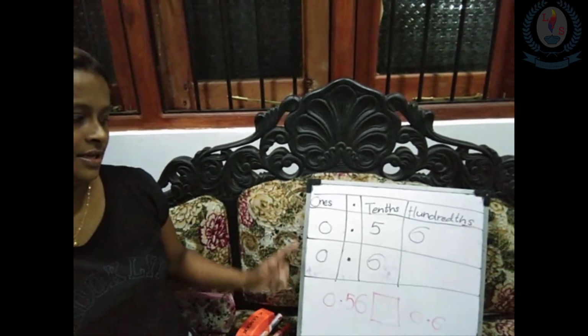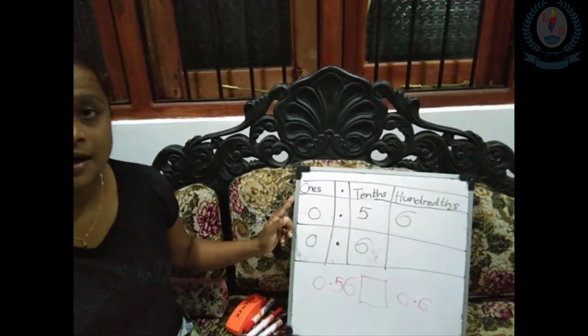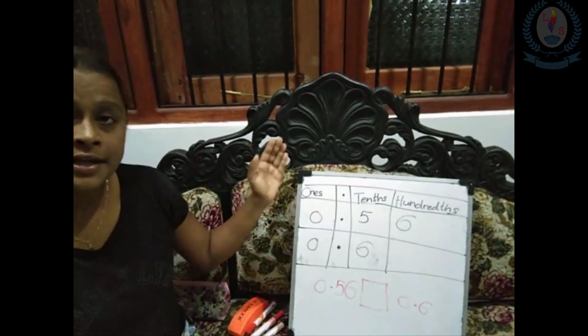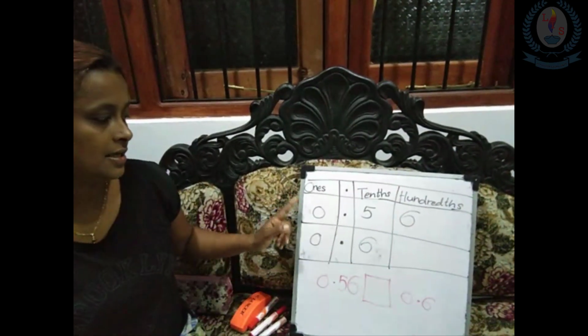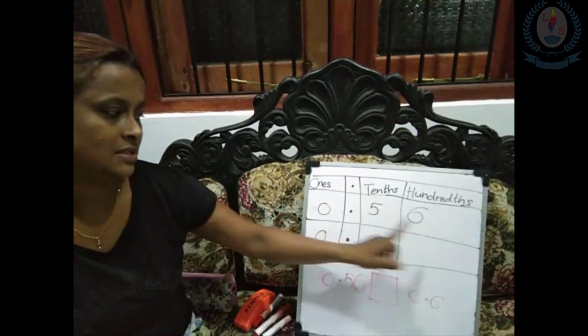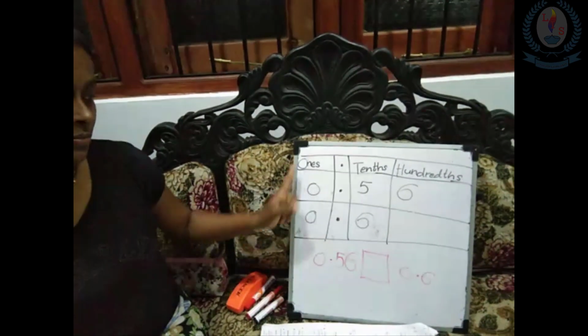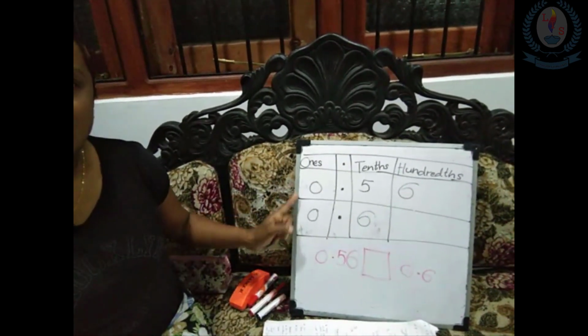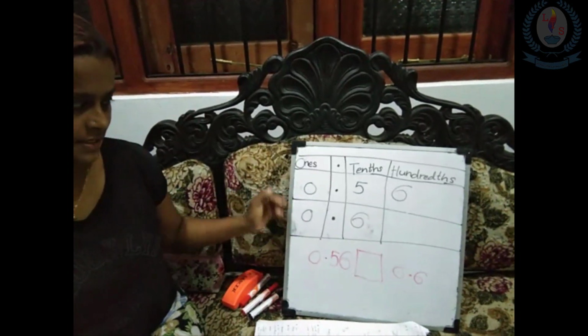Look at this. The first number is 0.56. Now you have the idea about ones place, tens place and hundreds place. When we write them in the place value table, we will get 0.56 there, here 0.6. Look at the ones side. Both numbers have 0 as the ones place. So when we compare two numbers, first we have to look at the ones place.